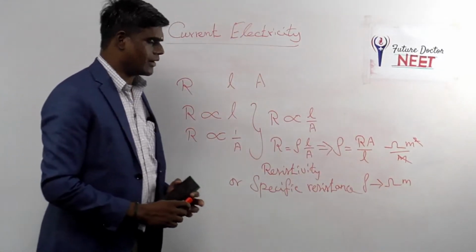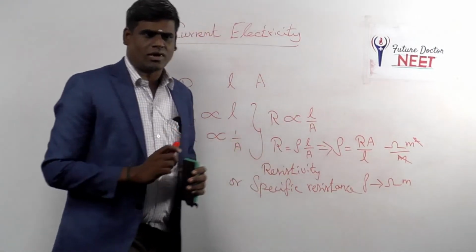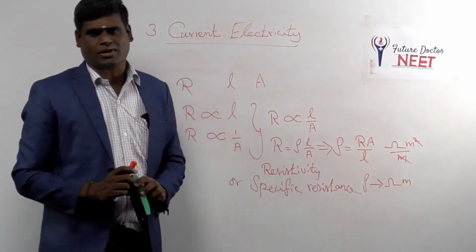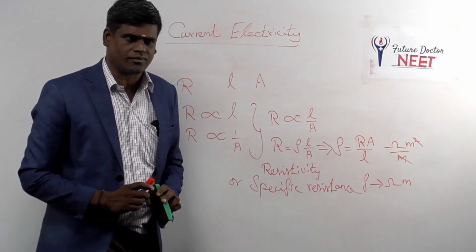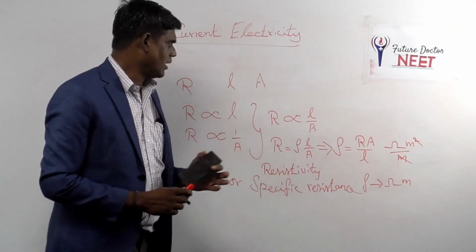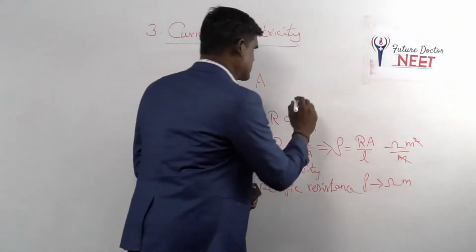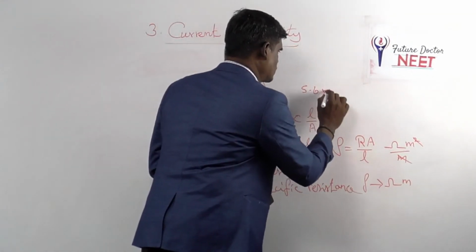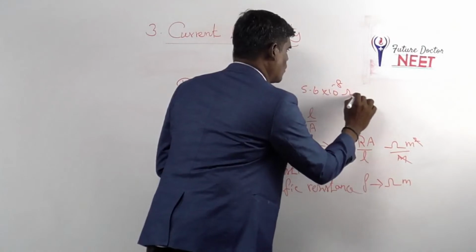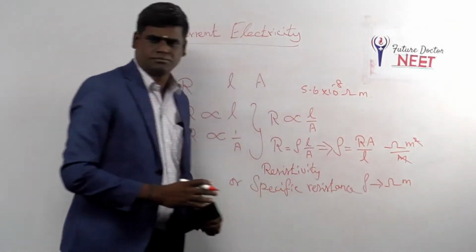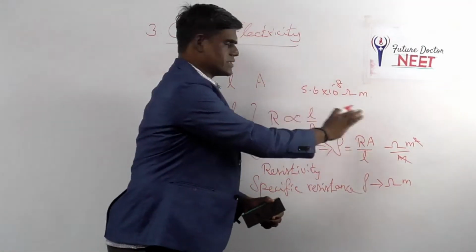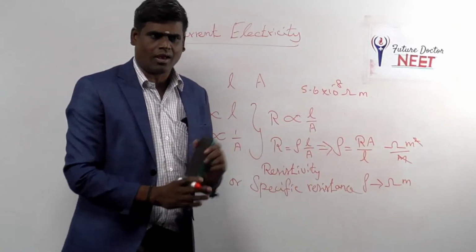Okay. Suppose I want to change the resistivity. How can we change the resistivity? For example, I am using one material whose resistivity is, say, 5.6 into 10 power minus 8 ohm into meter. I don't want this resistivity, I want to change it.